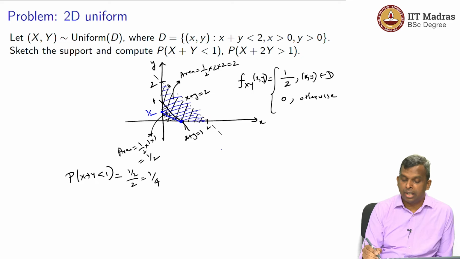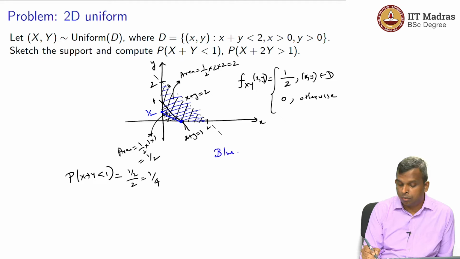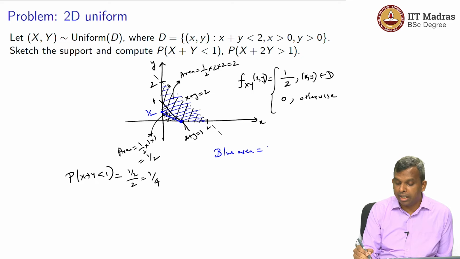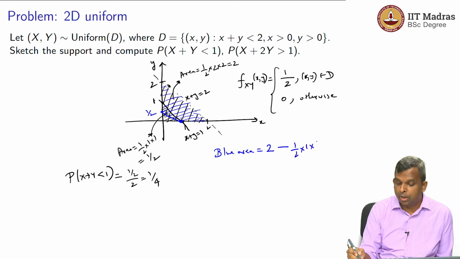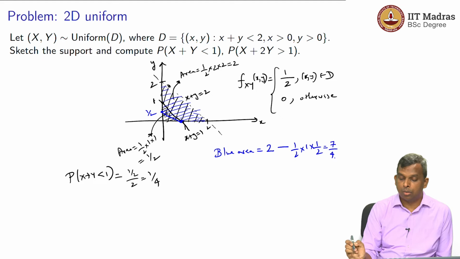Okay, so how do you find the area in blue? The area in blue is best found by the blue area equals the overall area, which is 2, minus the small triangular area, right? So, it is half into 1 into half. So, it is 2 minus 1 by 4, and that is 7 by 4. Okay, that is the blue area.